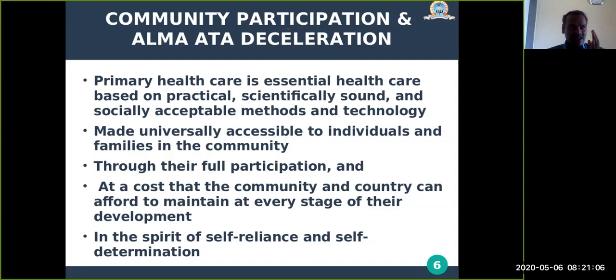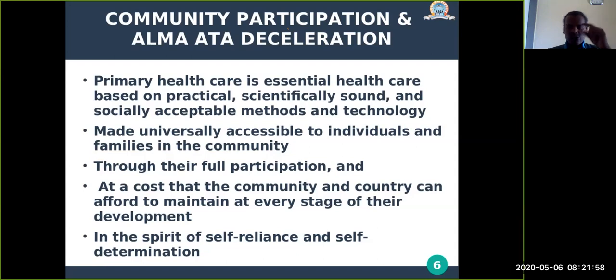So the cost of the primary healthcare is supposed to be acceptable, in the spirit of self-reliance and self-determination. So primary healthcare is an essential healthcare based on practical, scientifically sound and socially acceptable methods and technology, made available universally to every individual through their fullest participation, and at a cost the community and country can afford to maintain at every stage of their development, in the spirit of self-reliance and self-determination.